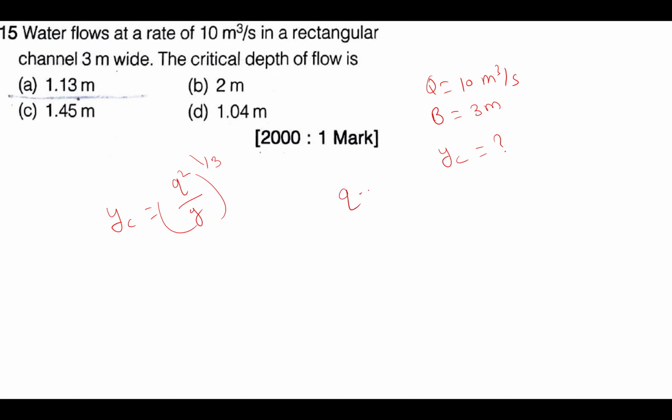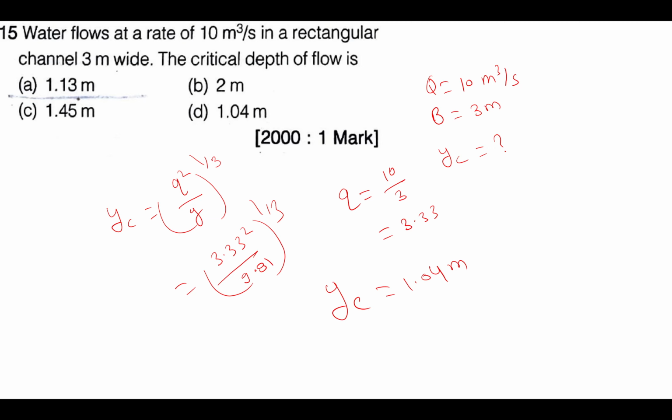So what is the value of q actually? 10 divided by 3, so 3.33. So 3.33 square divided by 9.81, power 1 by 3. So your yc value comes to 1.04 meter. So option D will be correct for that.